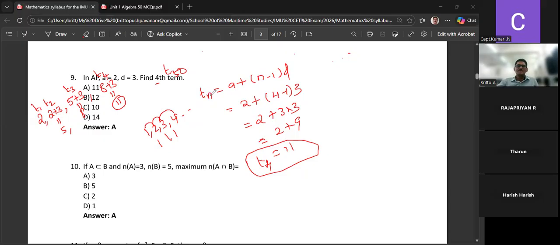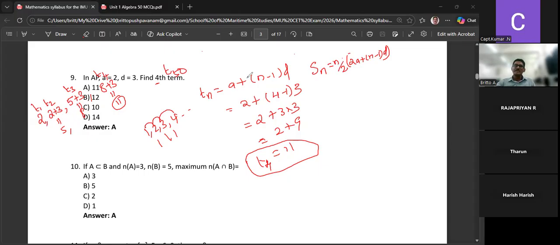Since we are studying arithmetic progression, you should know that sometimes a question may ask you to find the sum of 4 terms or the sum of 50 terms. So you should also know the sum of n terms formula of an AP, which we denote as Sn. The formula is n by 2 into 2a plus n minus 1 into d.